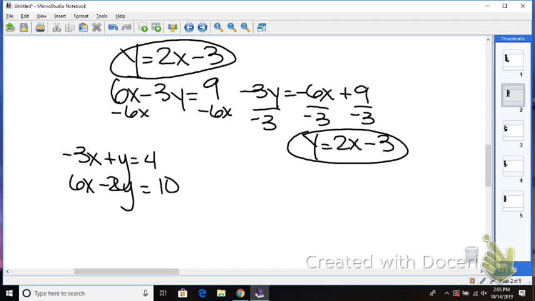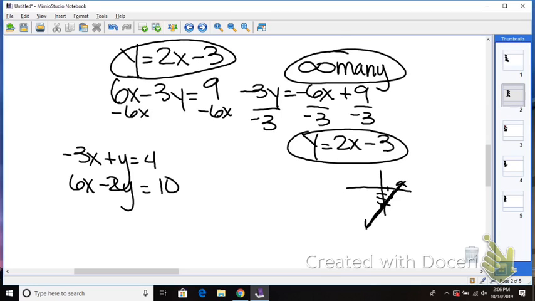So if you graph the same line twice, negative 3, up 2 over 1, and then you do the same thing again, you get the same line. How many times is it intersecting if you have the same line? Infinitely many times. So when you get the same line, you say infinitely many solutions.